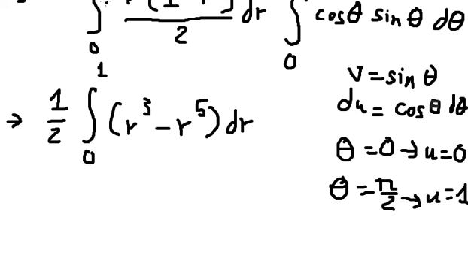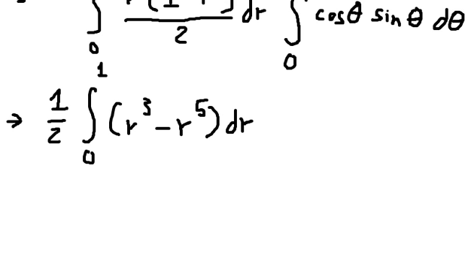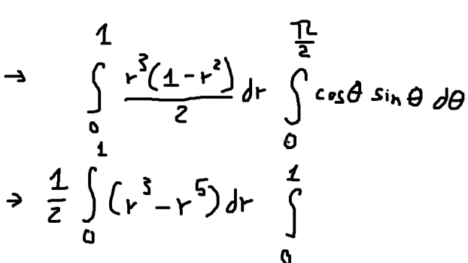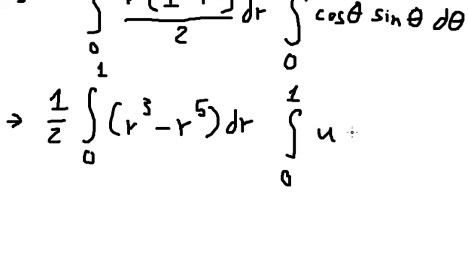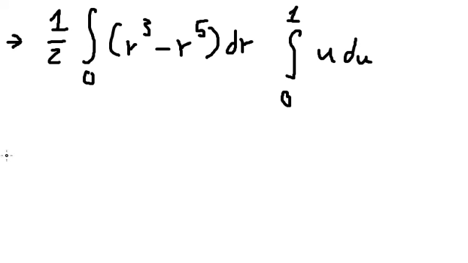After we do this, we will have the new integration from 0 to 1. So 0 we keep the same, pi over 2 we change to 1. This one we have u du. And now we have the final answer.